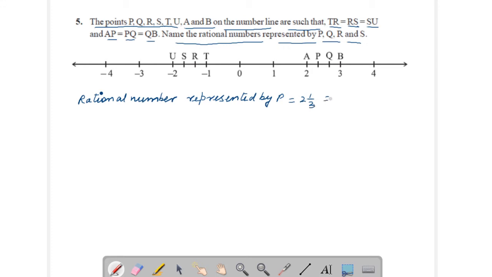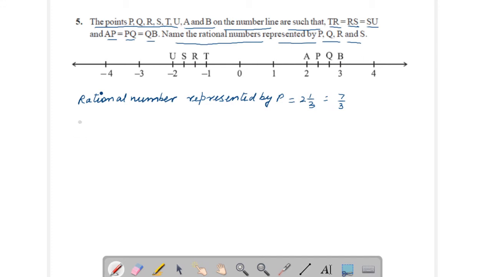If you convert it into an improper fraction, it will be 2 times 3 is 6, plus 1, 7 upon 3. It means the rational number represented by P is 7 upon 3.